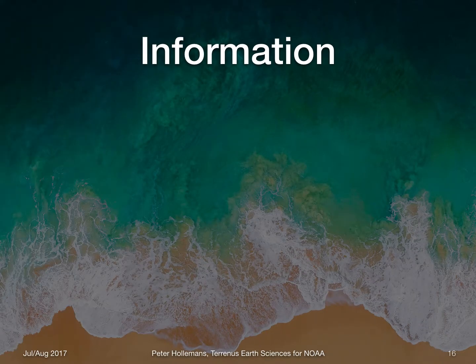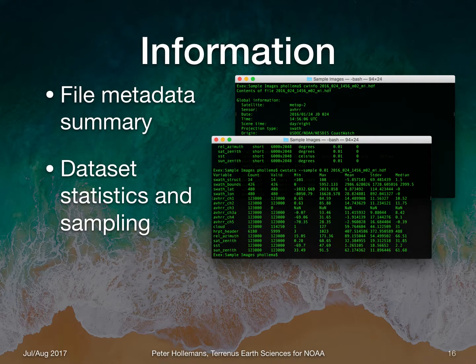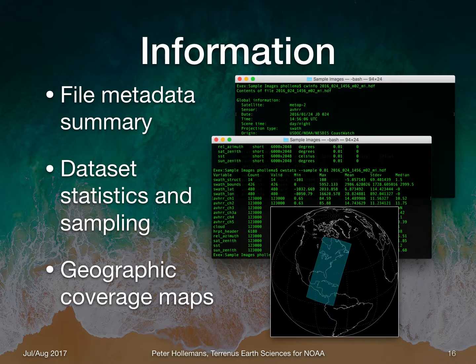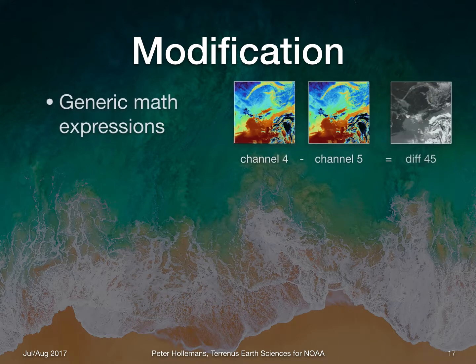And the information routines include tools to summarize the dataset metadata: date, time, satellite, sensor, variables, data statistics and sampling to compute the minimum, maximum, standard deviation, and to perform discrete sample extraction, and also maps of the data extents, geographic coverage maps.